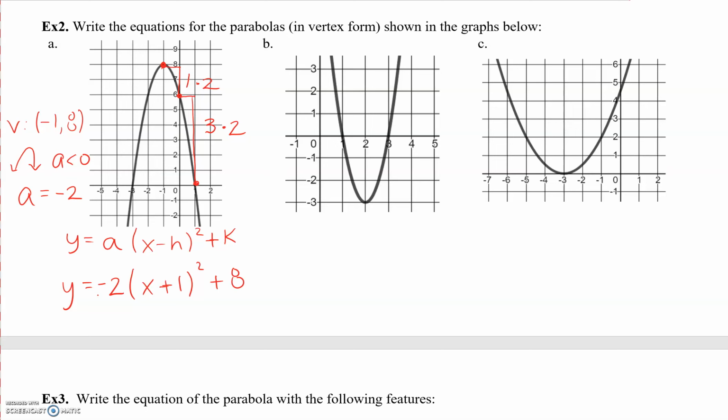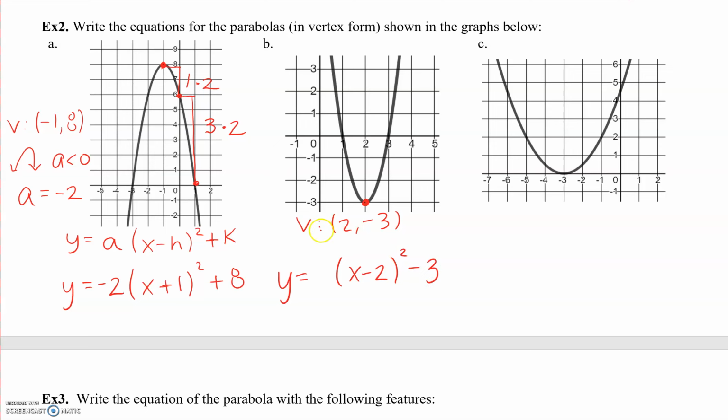All right, hopefully you tried this problem. Let's check it together. My vertex is down at the point 2, -3, so I'm going to make a little note of that. So right away, I should be able to fill in. I was translated right 2. I was translated down 3.